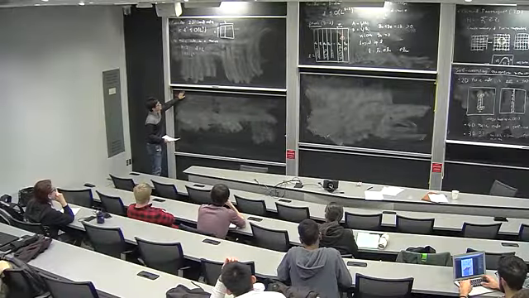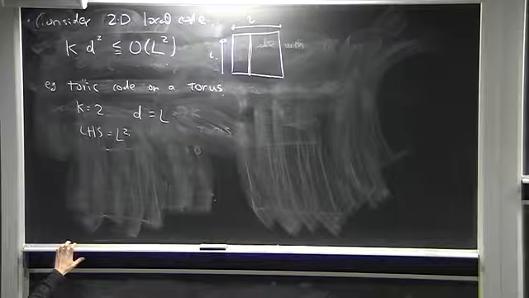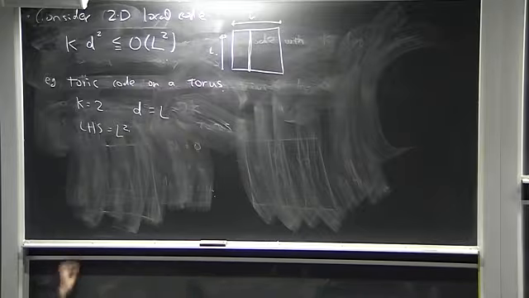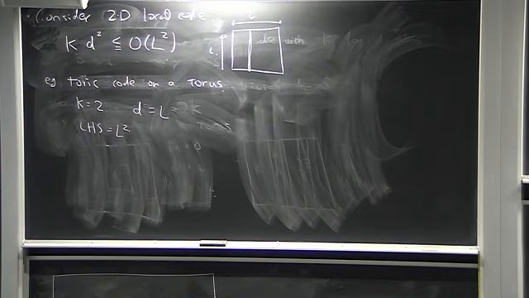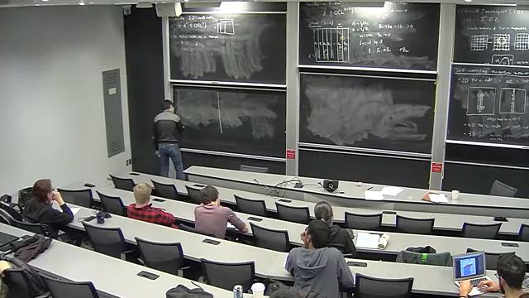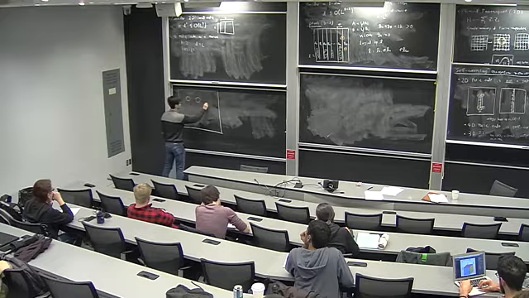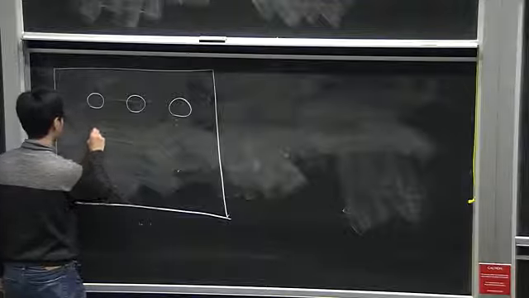Now, we want to prove this result, and the proof is actually pretty elegant. There are basically 2 steps. Okay, this is the L by L lattice, and we are going to split the lattice into the following regions.